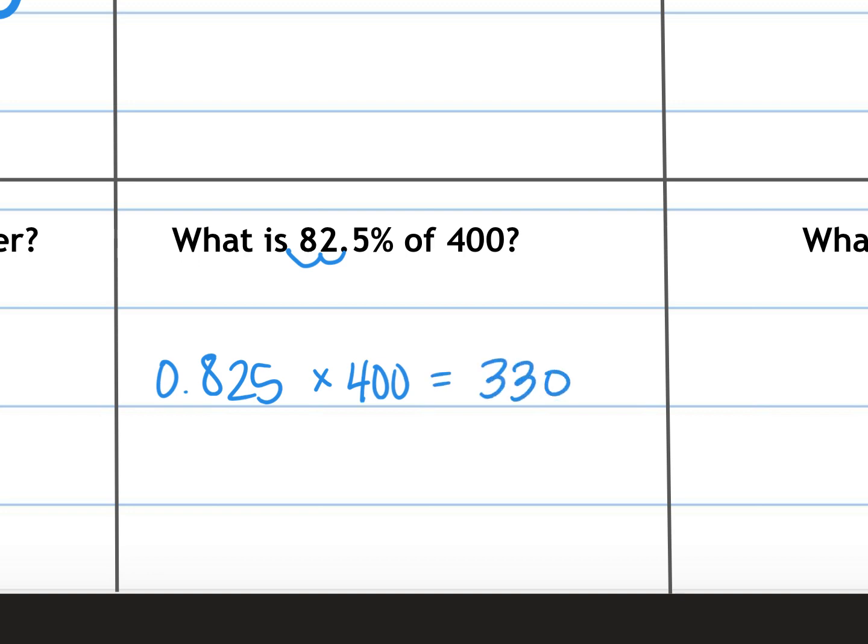Something to note: if my percent is lower than 100, then my answer needs to be less than that other amount. If it's over 100, if I have 110% of something, then it should be more than that number I'm multiplying by.